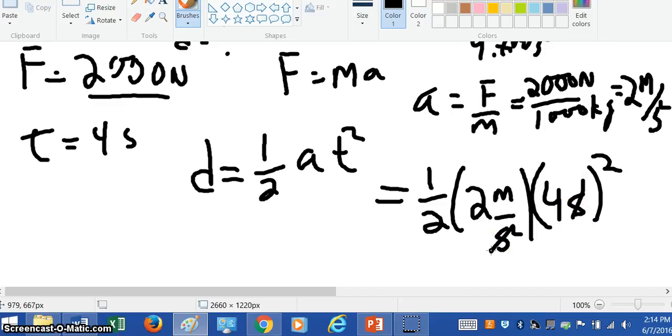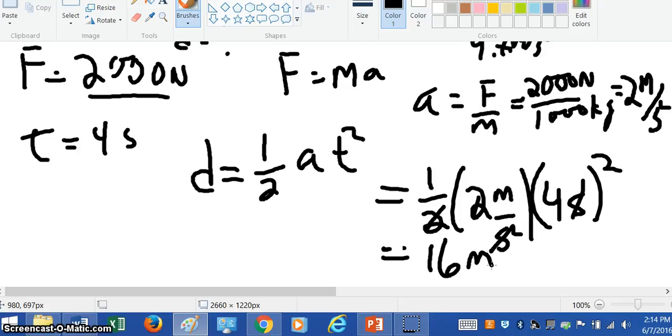I don't even need the calculator, because this 2 cancels this 2, and so it's just 4 squared, which of course is 16. The only units that are left are meters. So it traveled 16 meters.